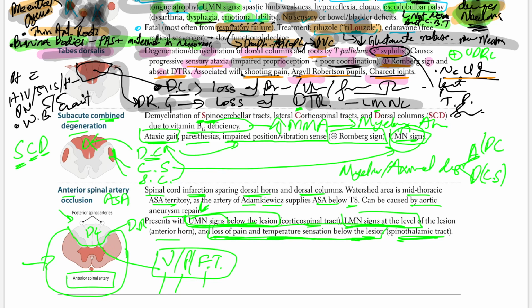Loss of DTRs. With the syphilis itself, it's going to cause shooting pain, which are episodic lancinating pains, which are sharp stabbing pains. Argyll-Robertson pupils: the pupils are already constricted, they will not constrict more to the light, and accommodation is normal, and Charcot joints. And on top of that, you will also have neurogenic urinary incontinence.